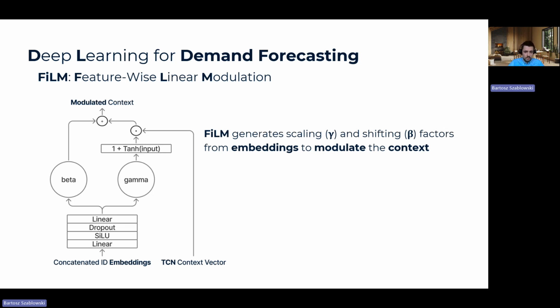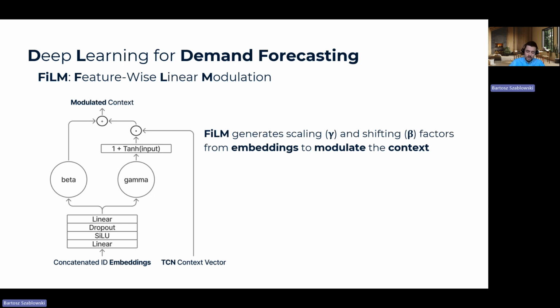Based on concatenated ID embeddings from store and product, it creates two parameters, beta and gamma. And these parameters are then applied to the context representation built by TCN using a very simple formula. The TCN context vector is multiplied by gamma, where gamma is in the range from 0 to 2, and then plus beta.